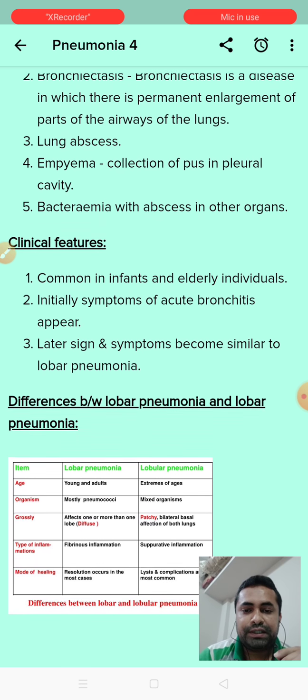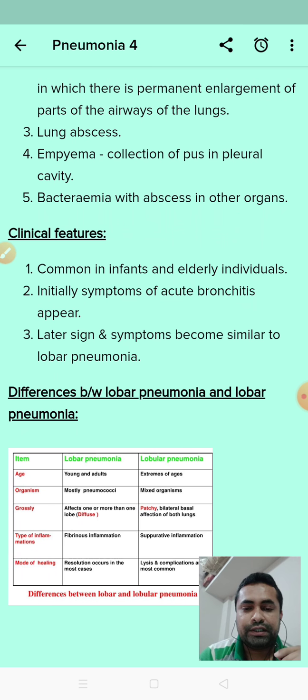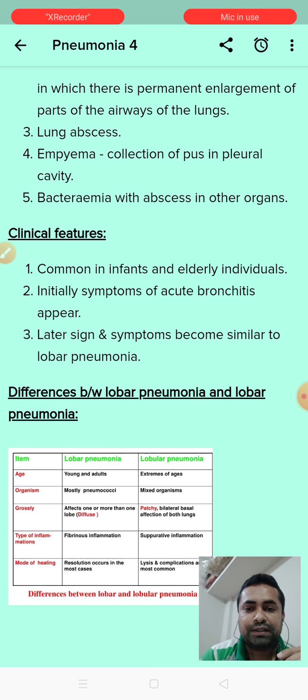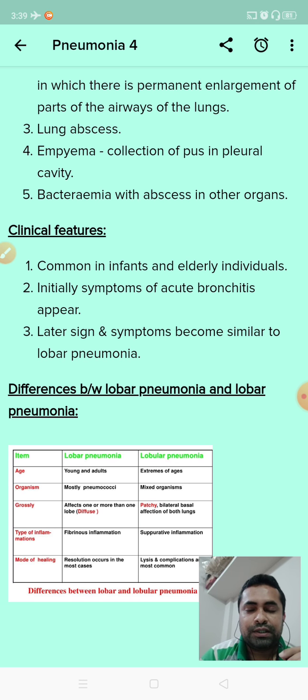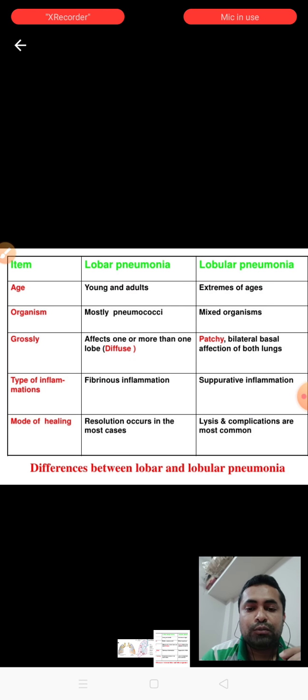So initially, for 2 to 3 days, there will be symptoms of acute bronchitis. Okay, and after 3 to 4 days, signs and symptoms of lobar pneumonia will appear. So its symptoms are similar to acute bronchitis in early days, and later its signs and symptoms are similar to lobar pneumonia. Okay, so this was lobular pneumonia.